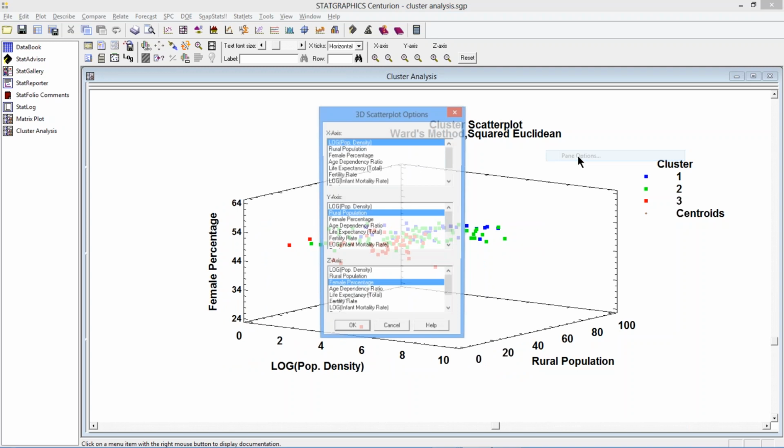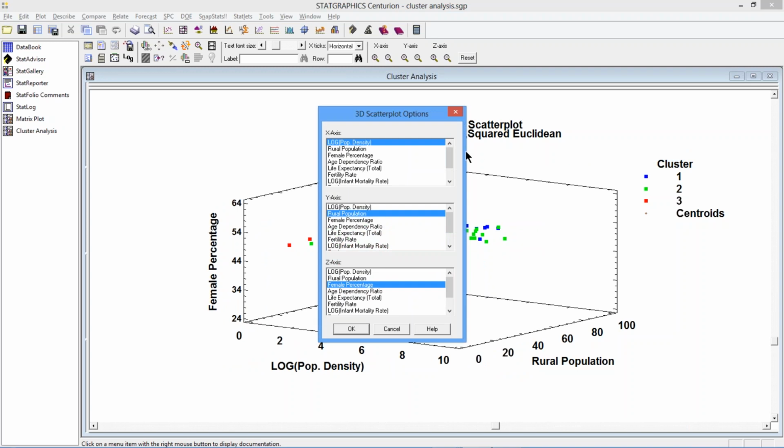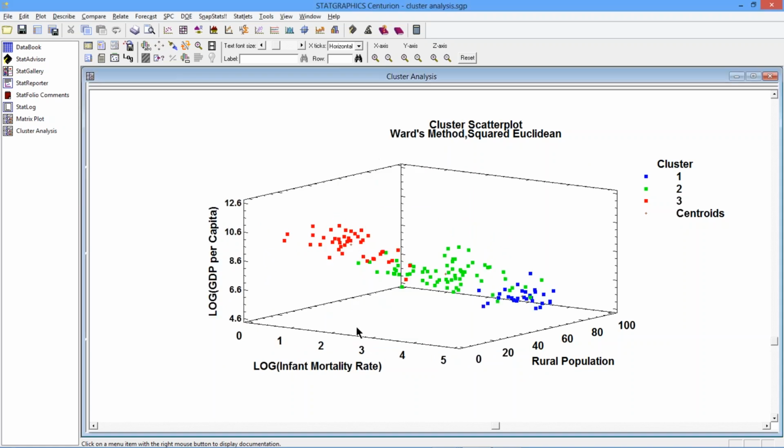On the other hand, if I go to pane options and ask, for example, for the infant mortality rate, the rural population, and GDP per capita, you begin now to see what the cluster analysis has found for me.